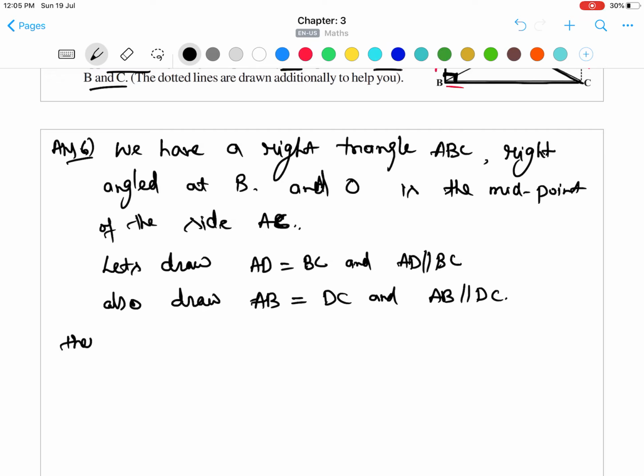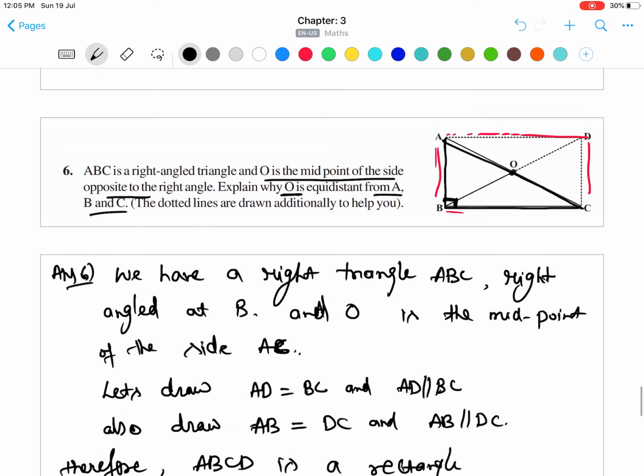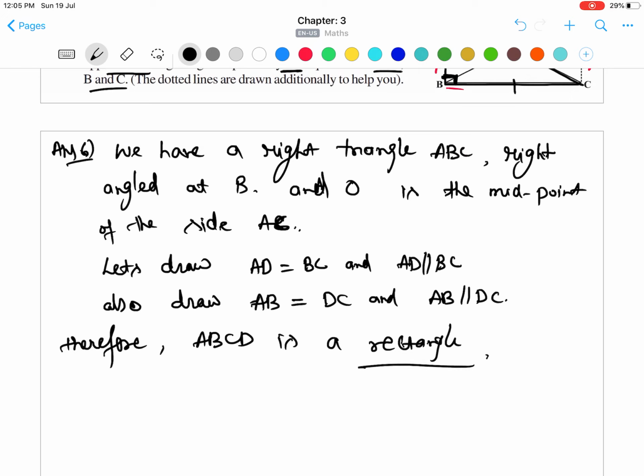Therefore ABCD is a rectangle. After drawing these lines, because opposite sides are equal and parallel, and since this angle is 90 degrees, its opposite angle will also be 90 degrees. Hence ABCD will be a rectangle.